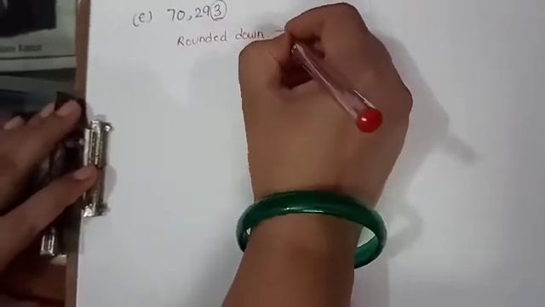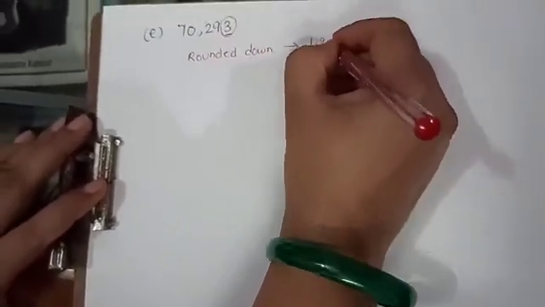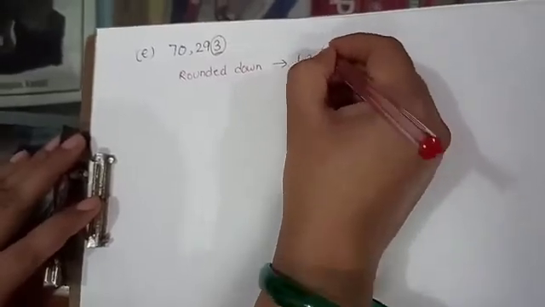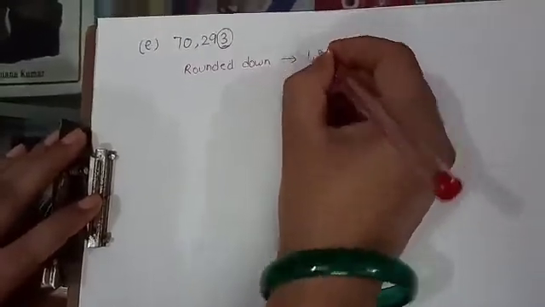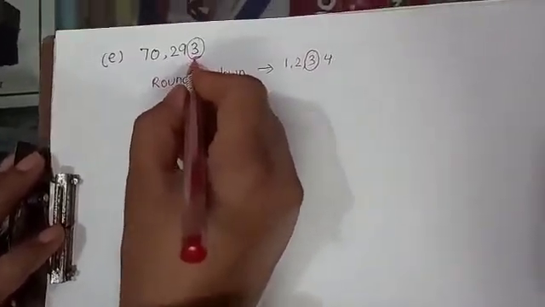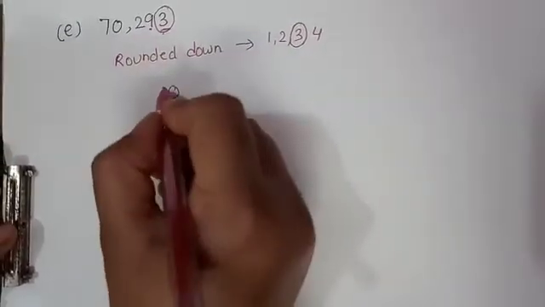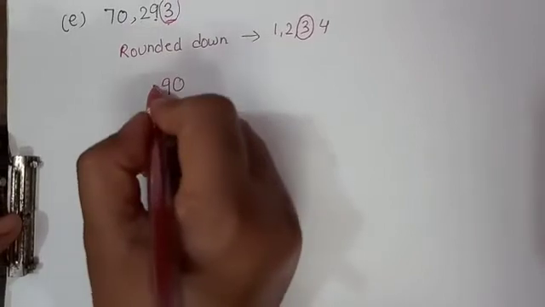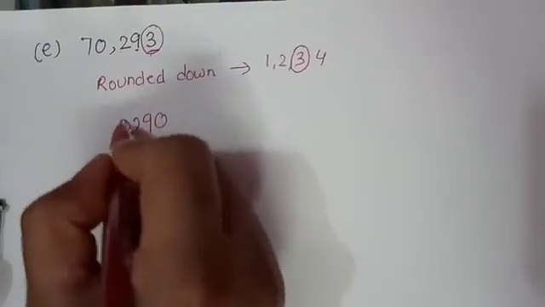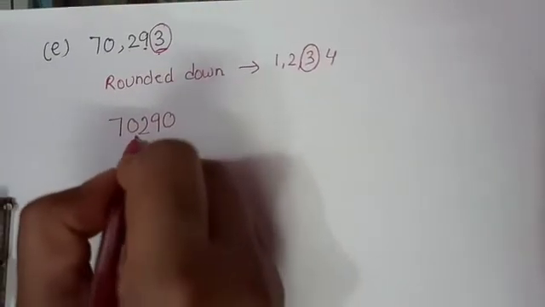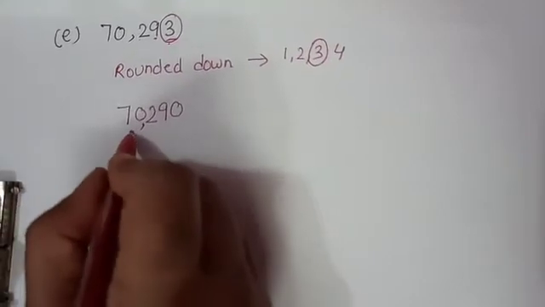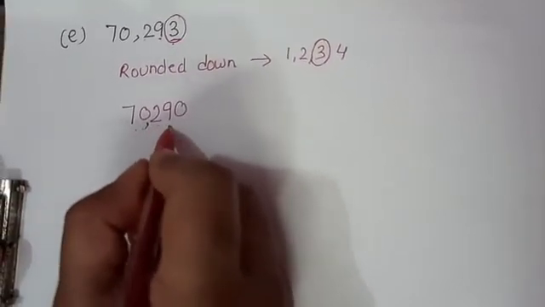Why? Because it is from 1, 2, 3, 4. It is 3. This means rounded down means first we'll have a 0. 9 will remain same and remaining number also remains same. So the value is 70,290.